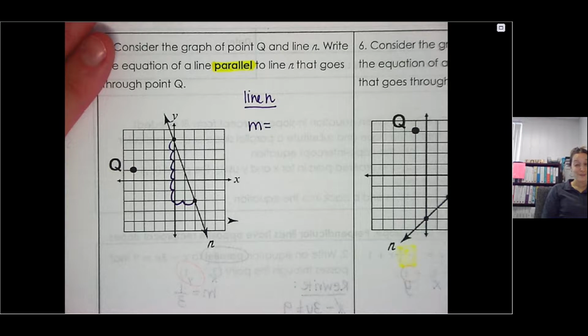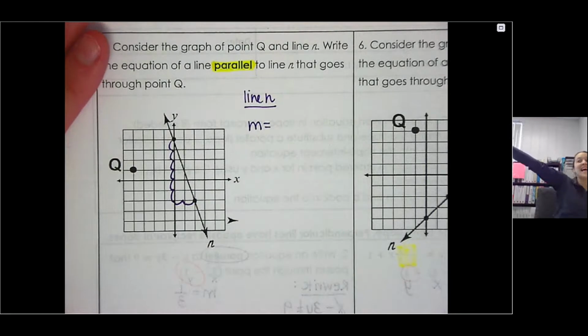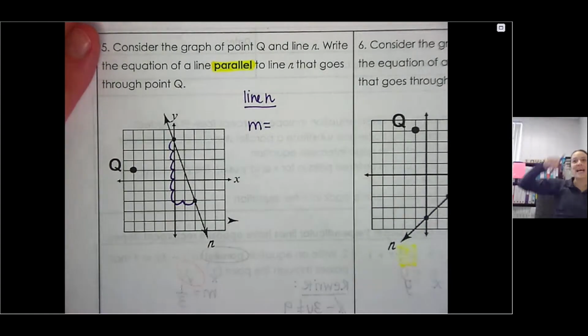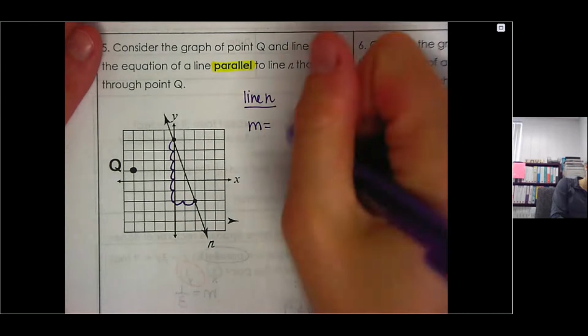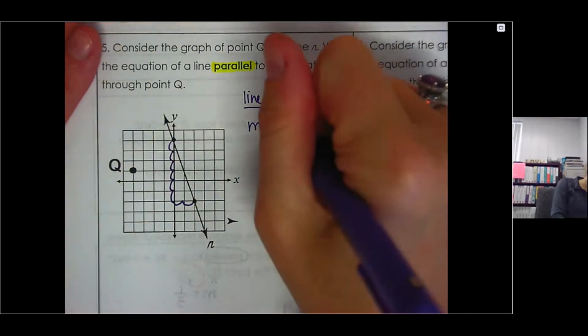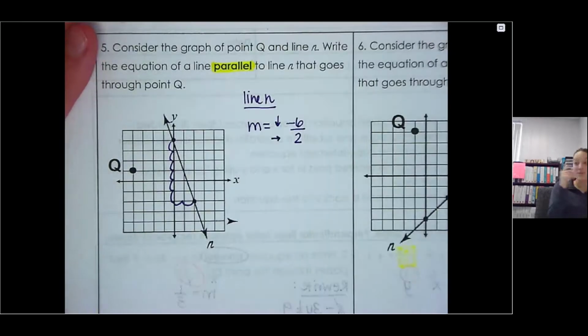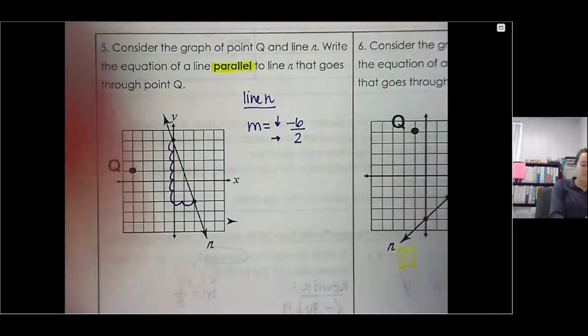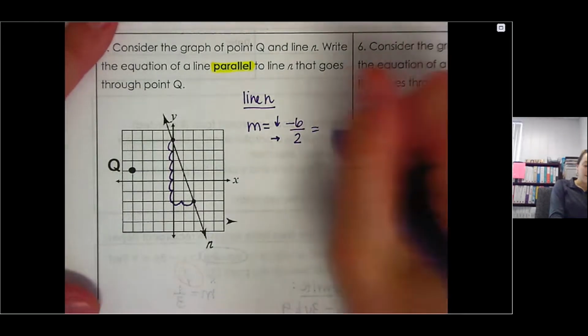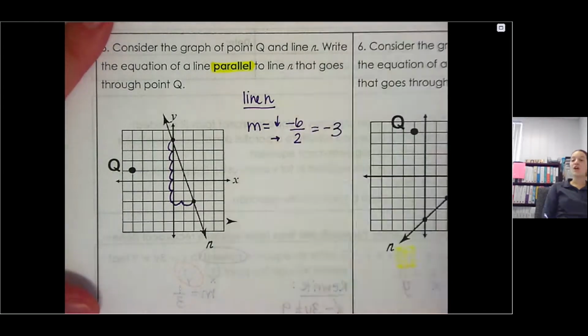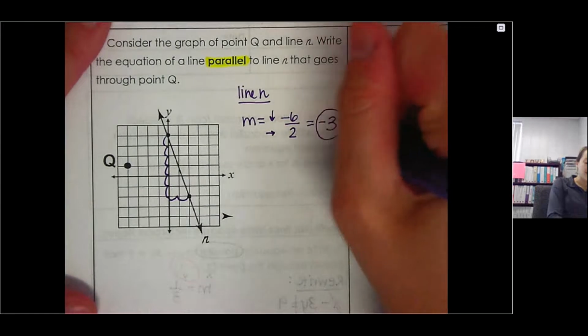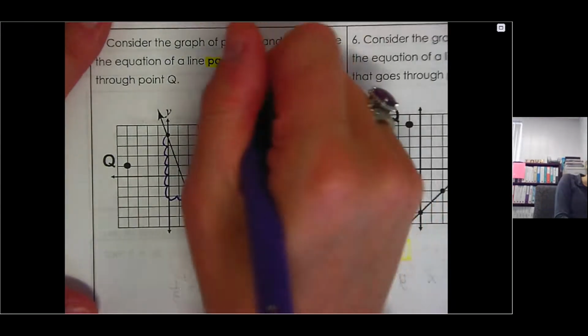What did that say? -6/2 because it's going downhill, right? That's what I said. You said 6/2. Don't make me call you out. Don't make me rewind the tape. Okay, -6/2 reduces to what? -3. Okay, so we're gonna use that slope because it is parallel, so it better be the same slope.